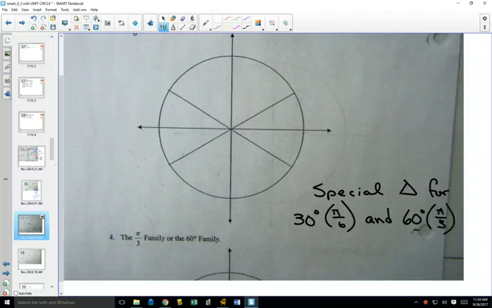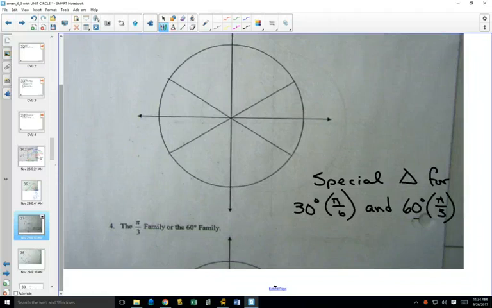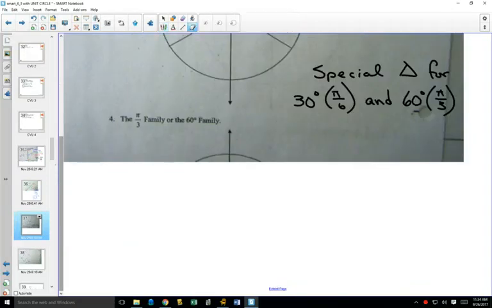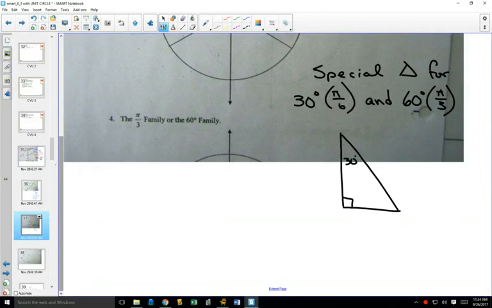And the reason for that is if I draw a right angle triangle and I label one angle as 30 degrees, what does the other angle have to be? 60 degrees. So the special triangle for 30 and 60 is the same because it happens to be the same triangle, has a 30, has a 60, if the other one is a 90 degree.